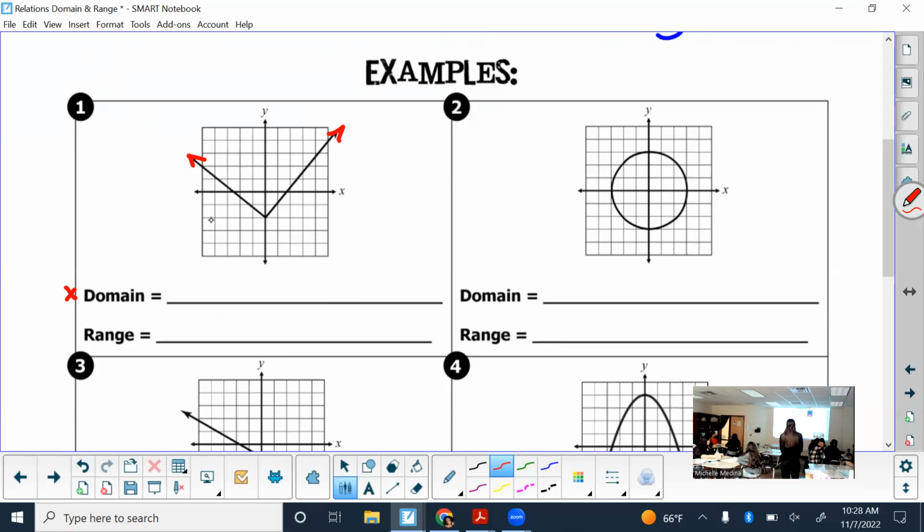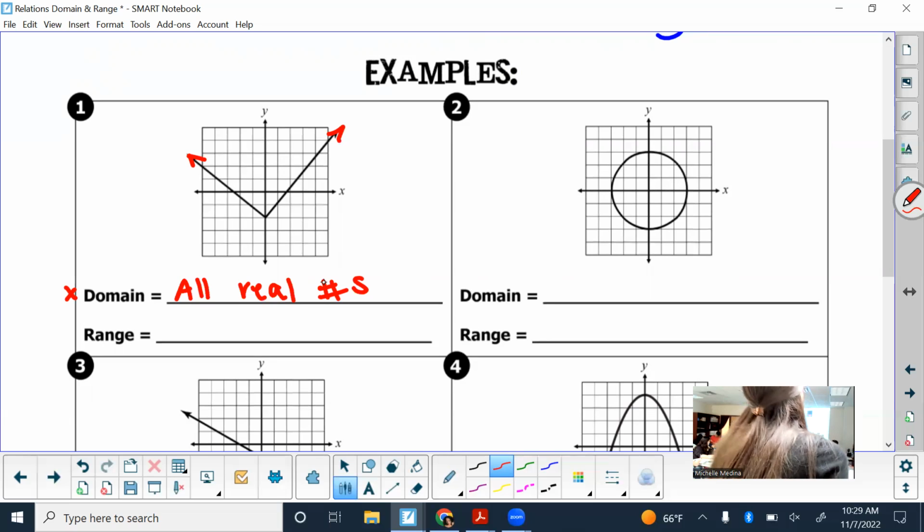So in that case, my domain, when there's no boundary, is going to be all real numbers. That means there's no boundaries at all. So X is all real numbers, the domain, because it'll eventually touch all the x's because it keeps getting wider and wider infinitely. Questions on that?